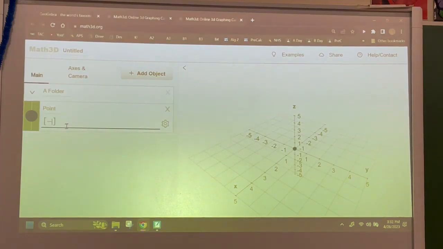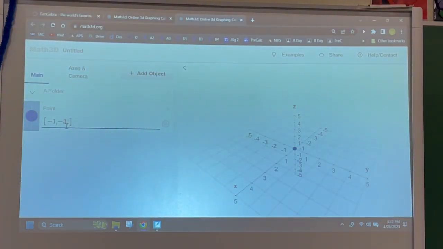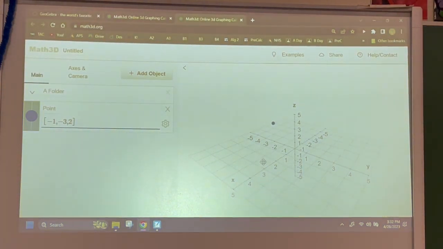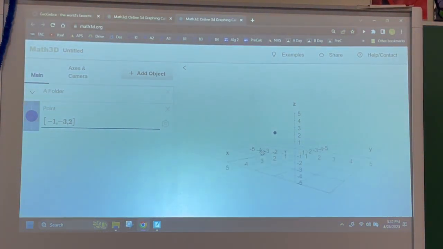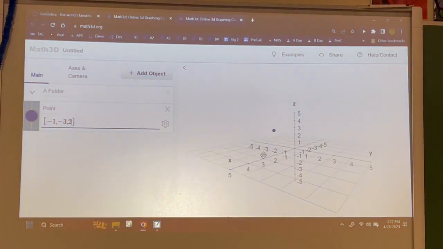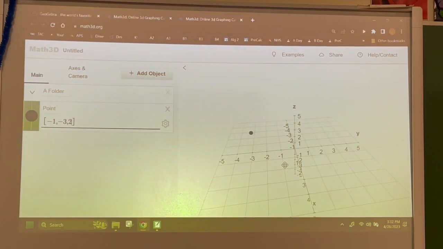That point was -1, -3, and 2. So the cool thing about this is I can rotate it and I can see what's happening. I can kind of go this way a little bit and I can see how it's doing. I can go this way.